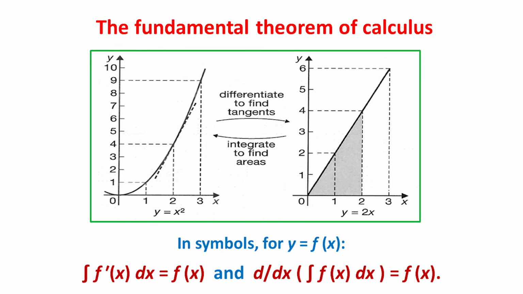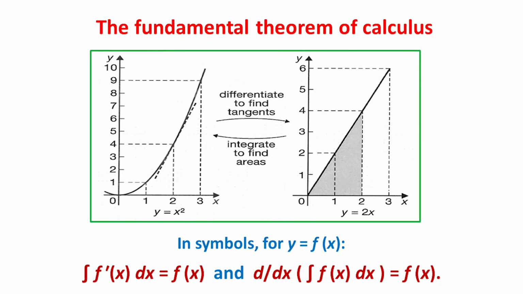This inverse relationship between finding tangents and calculating areas is now known as the fundamental theorem of calculus. We differentiate to find tangents, and we integrate to find areas. And if we do either of these, and then follow it by the other, then we get back to where we started.